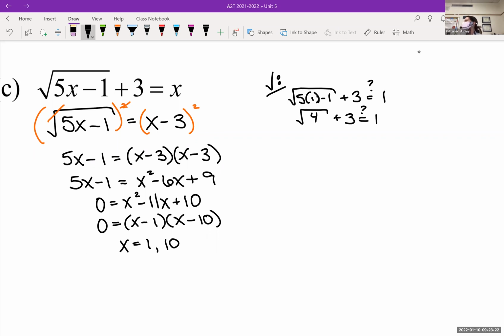Does this solution work? It does not. So 1 is not a solution. Do me a favor, check for 10. See if 10 is a solution. Substitute it into the original, please.